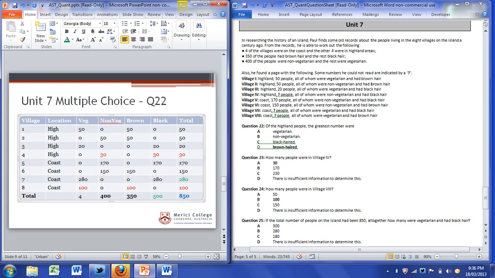Is that right? Yeah, 450. So then we need to actually have a look at how many were vegetarian and had black hair. So if you have a look here, are they vegetarian and black hair? No, none. Are they vegetarian and have black hair? No. Are they? Yes. 20. These two as well. 300. They're the only two. So our answer here is A.